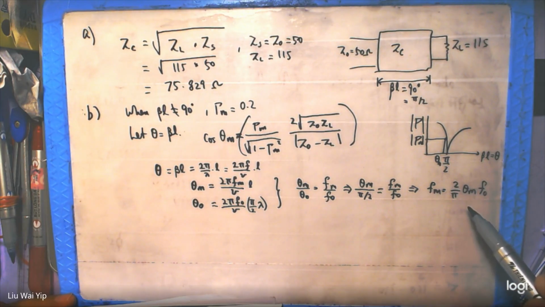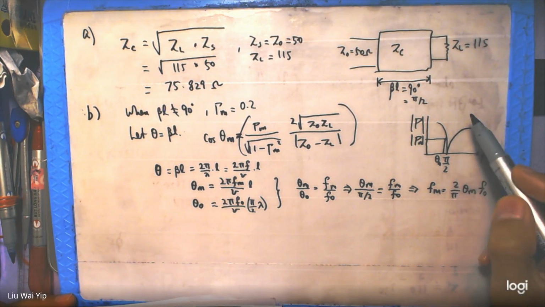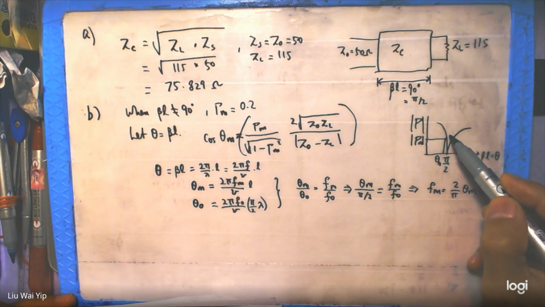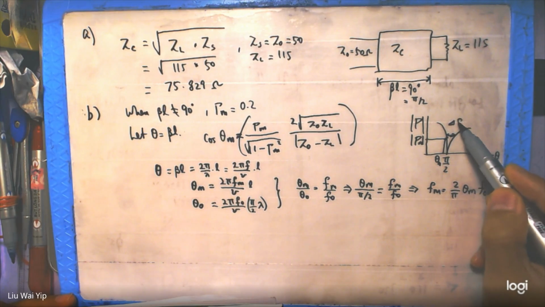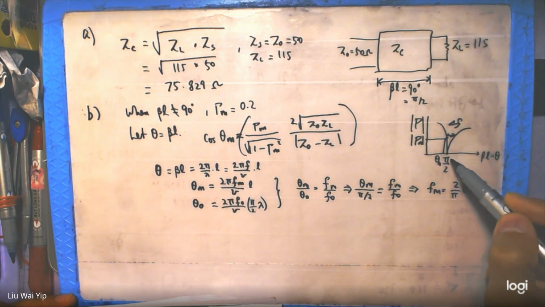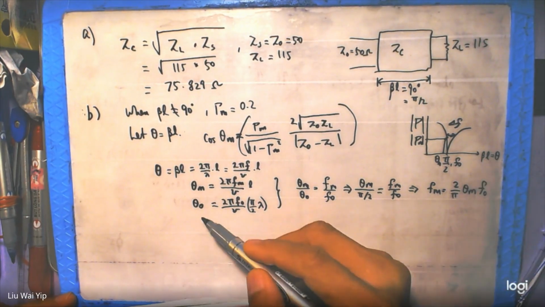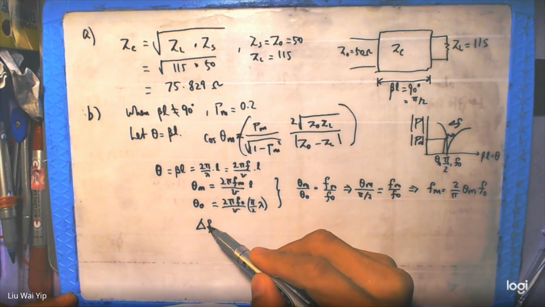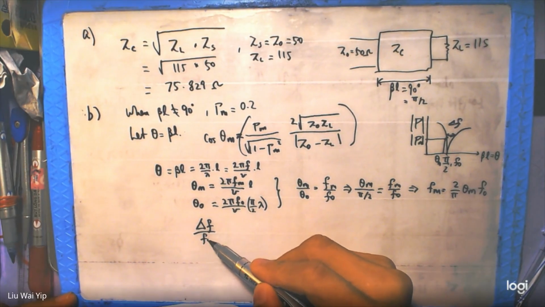And remember, we need to find the fractional bandwidth. Fractional bandwidth can be calculated from here, delta F, and for example, corresponding to this one, F naught is F naught. So we need delta F divided by F naught.